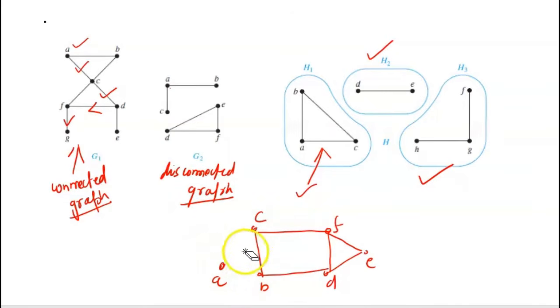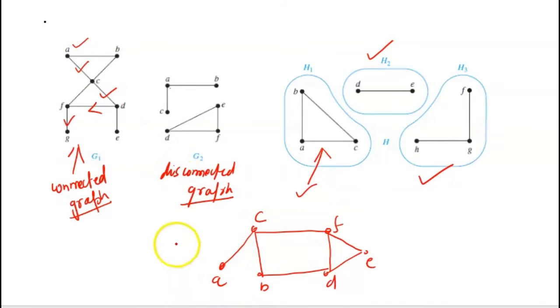This edge has been removed, and now you notice that the graph has become disconnected. Why? Because this is one component which has 5 vertices, and we have just one vertex which is not connected to any other vertex, right?